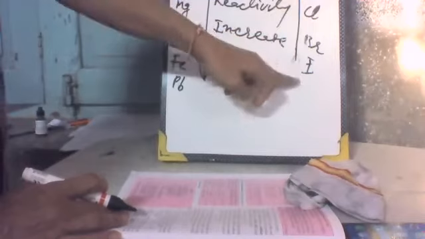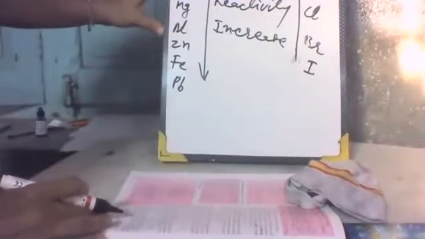The most reactive element is fluorine and the least reactive element is iodine. This is the reactivity of an element.